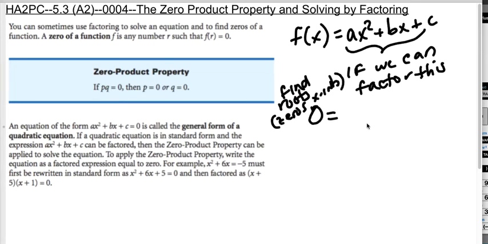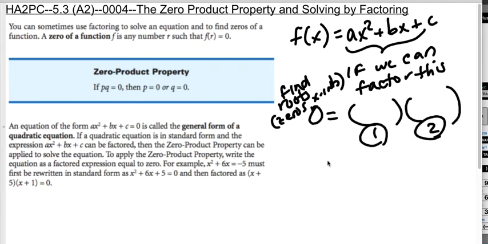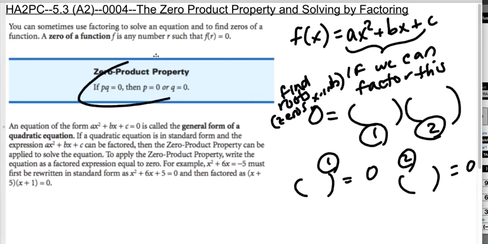We can set 0 equal to each of those factors, factor number 1, factor number 2. So either factor number 1 equals 0 or factor number 2 equals 0, because based on the zero product property, one of them has to equal 0.